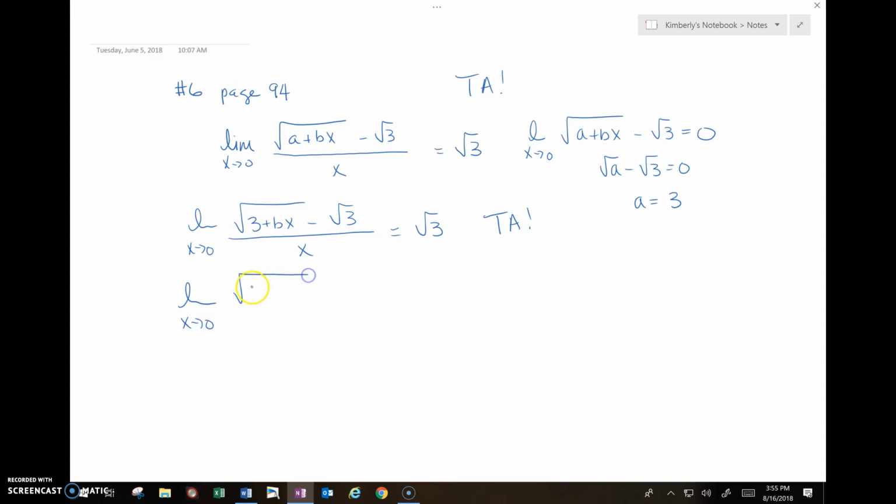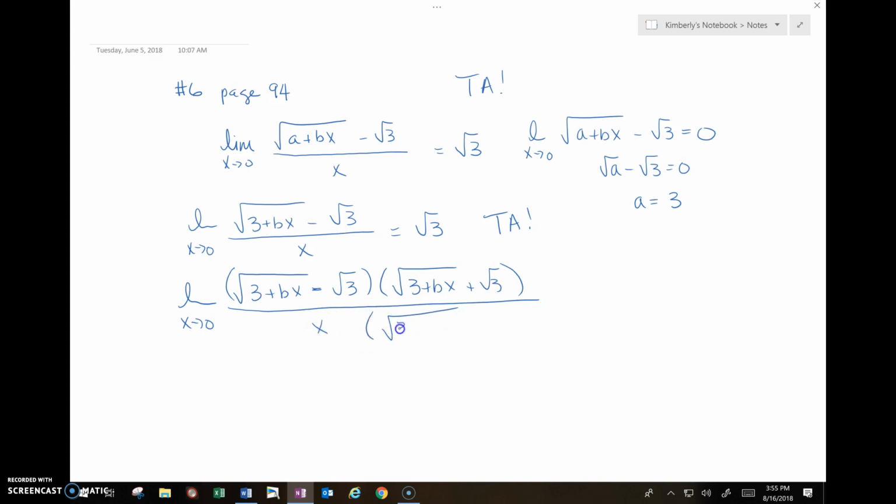multiplying by the conjugate. So the square root of 3 plus bx minus root 3, times the square root of 3 plus bx plus root 3, all over x times the square root of 3 plus bx plus root 3.